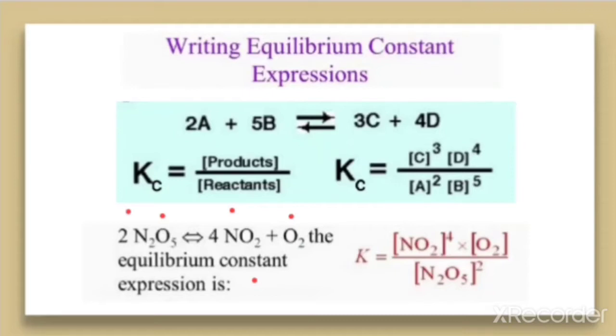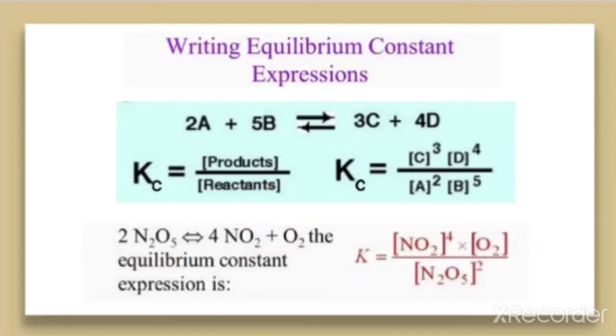It is the concentration of product by concentration of reactant, with the stoichiometric coefficients on the powers. So it is very important: first you write what is given on the right hand side in the numerator, and what is given on the left hand side in the denominator, and don't forget to keep the powers.